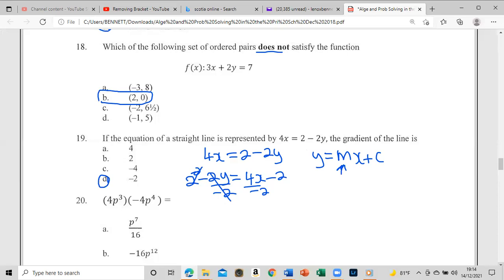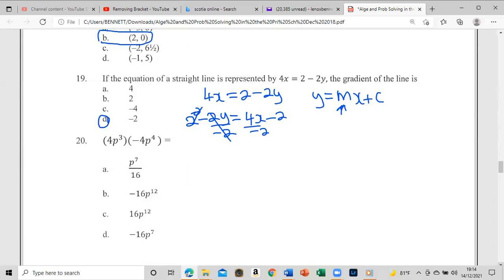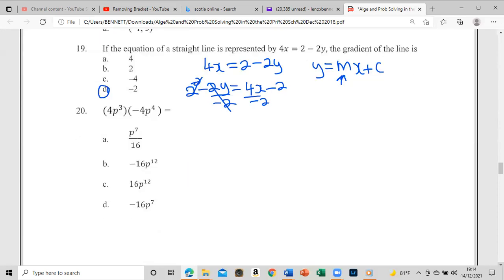Now I'm interested in this one. I want to see how you are going to do this. Tell me how you do it, not just the answer.